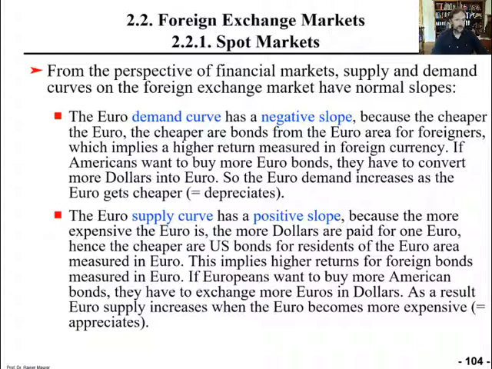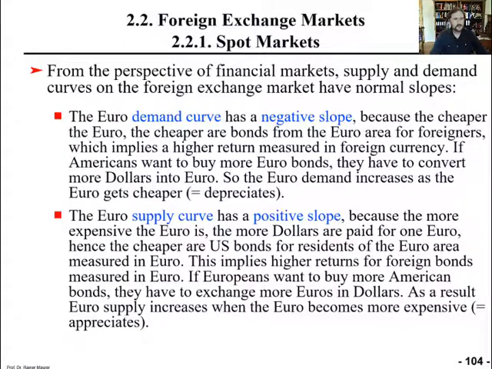The euro demand curve has a negative slope because the cheaper the euro, the cheaper are bonds from the euro area for foreigners, which implies a higher return measured in foreign currency. If Americans want to buy more euro bonds, however, they have to convert more dollars into euro. So the euro demand increases as the euro gets cheaper or depreciates.